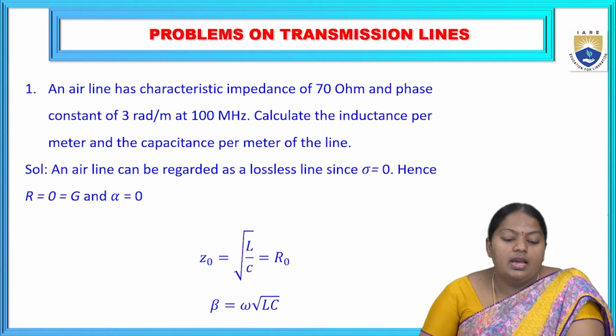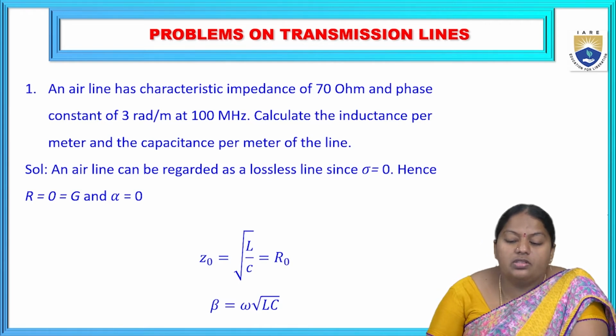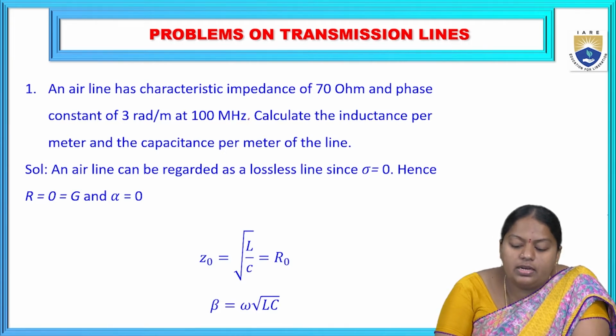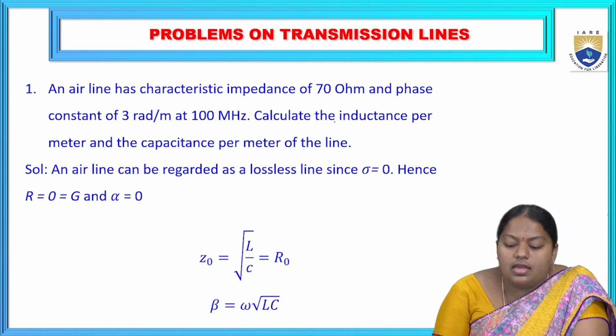First, an airline has a characteristic impedance of 70 ohms and a phase constant of 3 radian per meter at 100 megahertz. Calculate the inductance per meter and the capacitance per meter of the line.